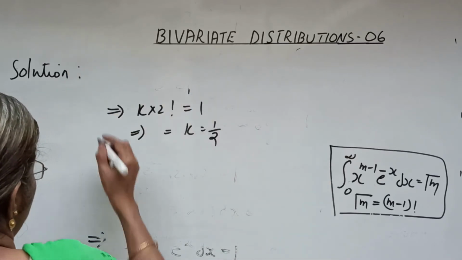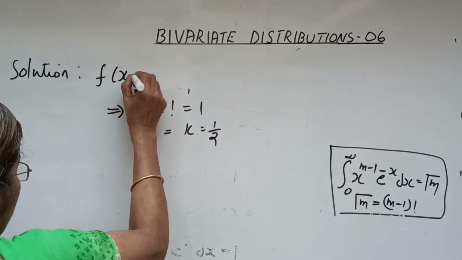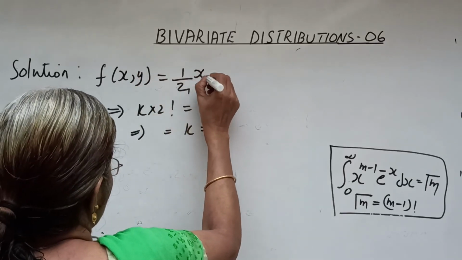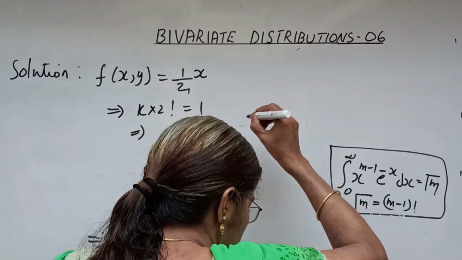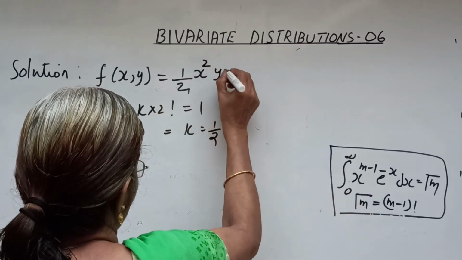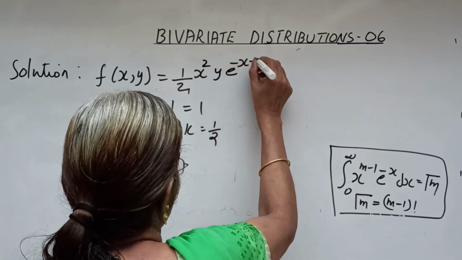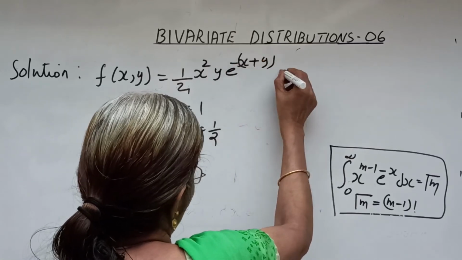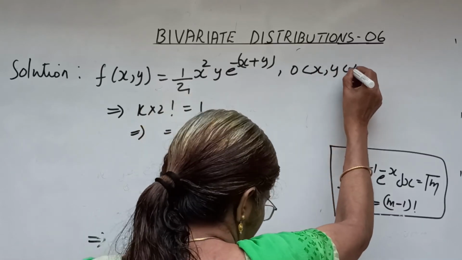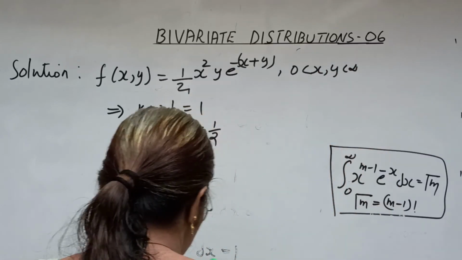Therefore f of x y equal to 1 by 2 x square y e raised to minus of x plus y, for 0 less than x comma y less than infinity, is the PDF.